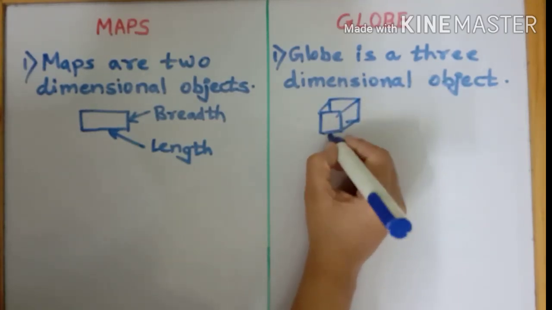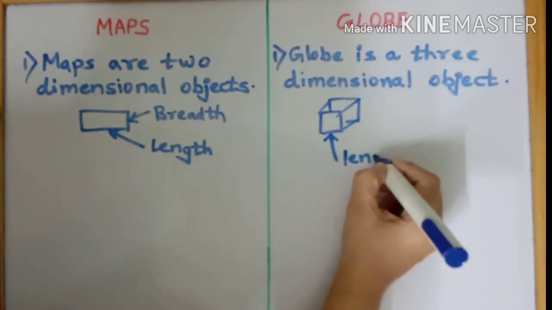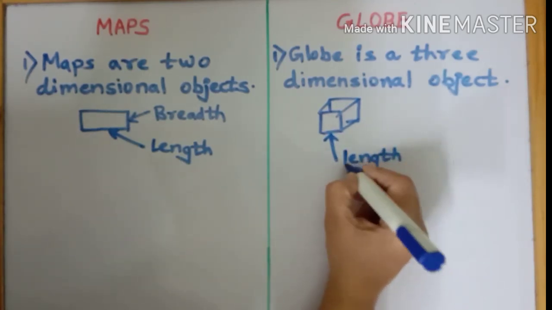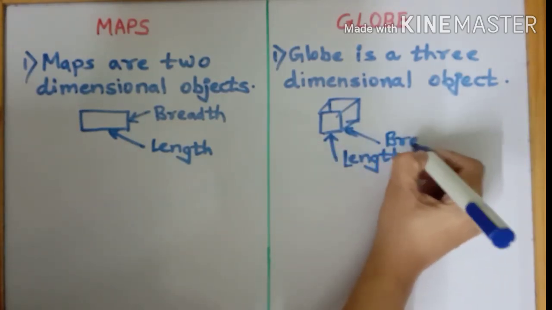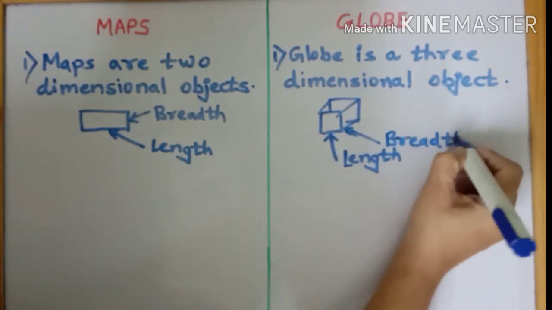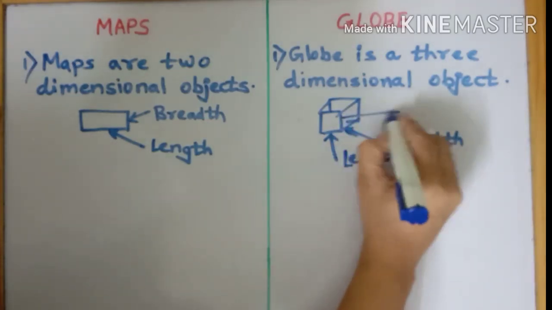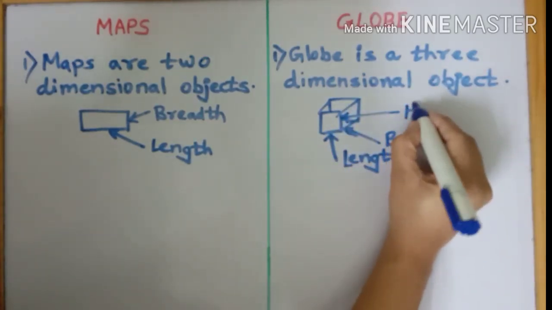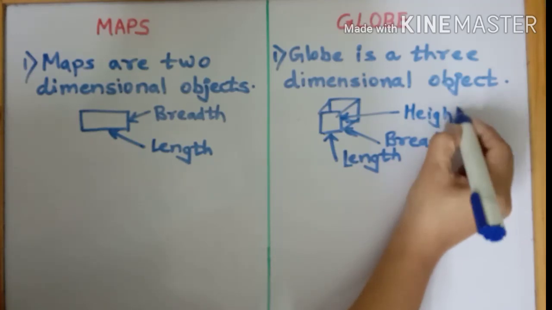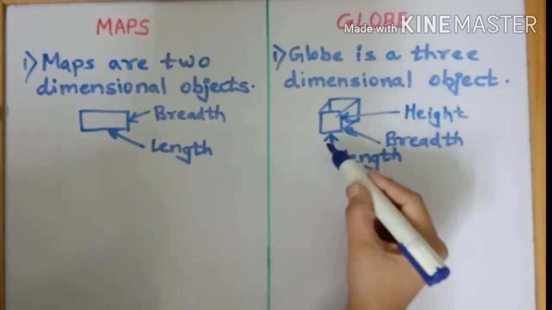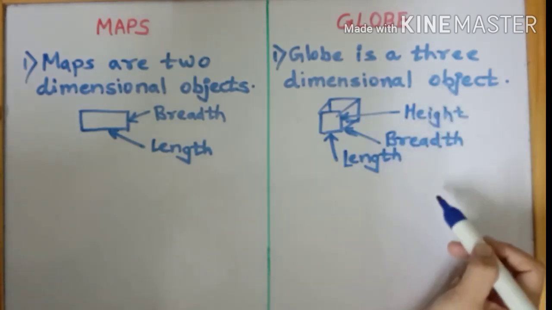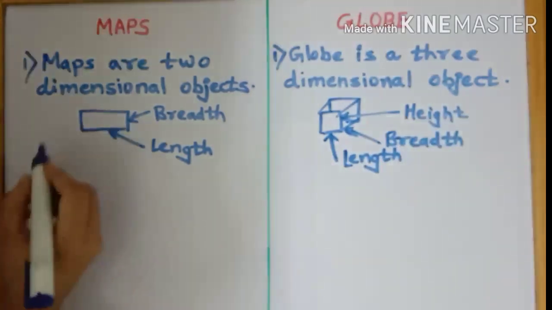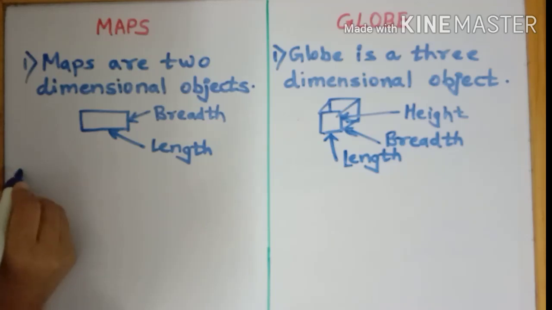Here this is length, it's a breadth, or it's also called width, and this is height. So any object which has three dimensions like length, breadth and height is called a three-dimensional object.